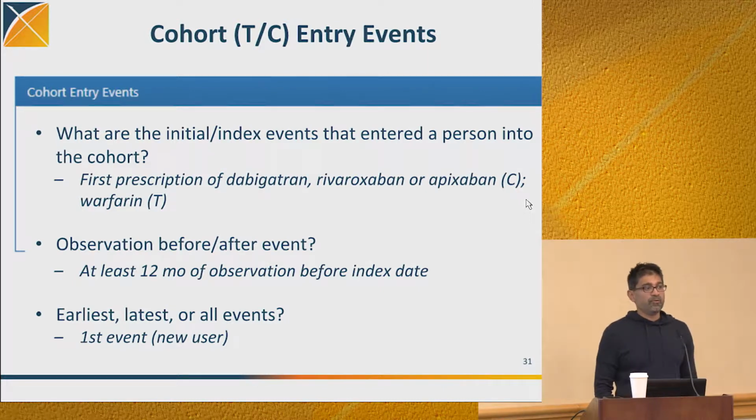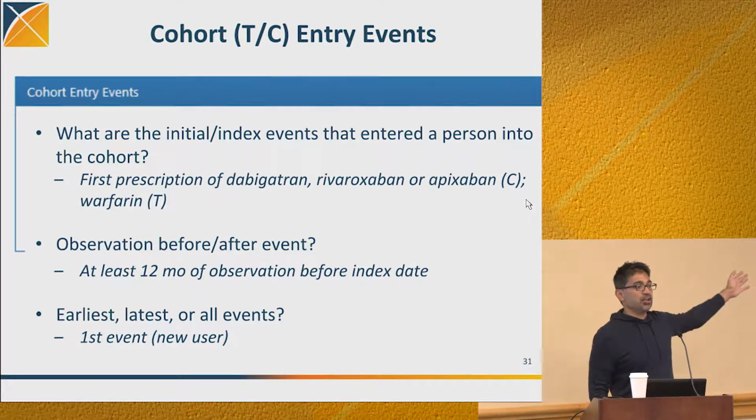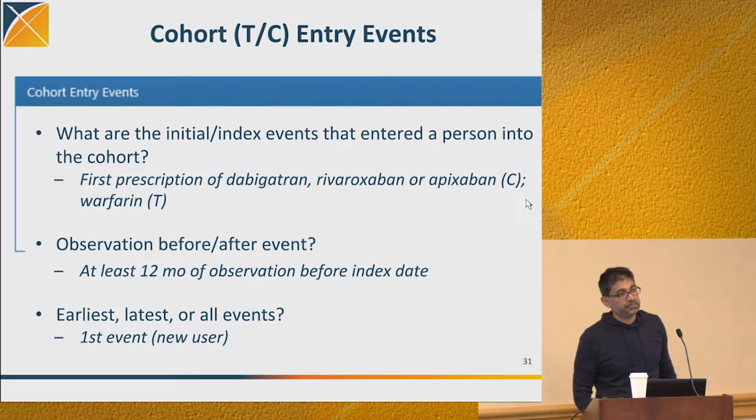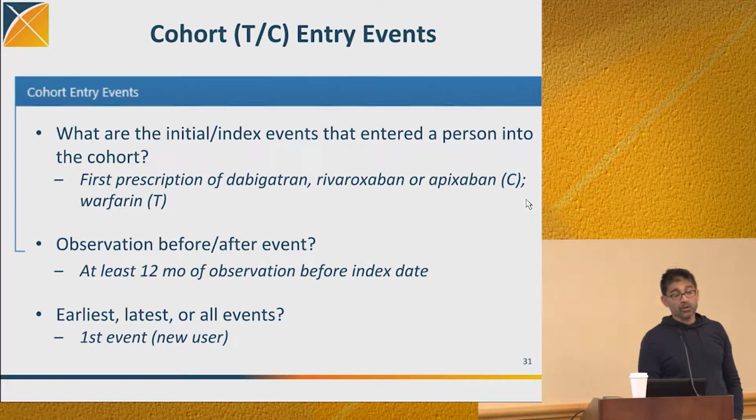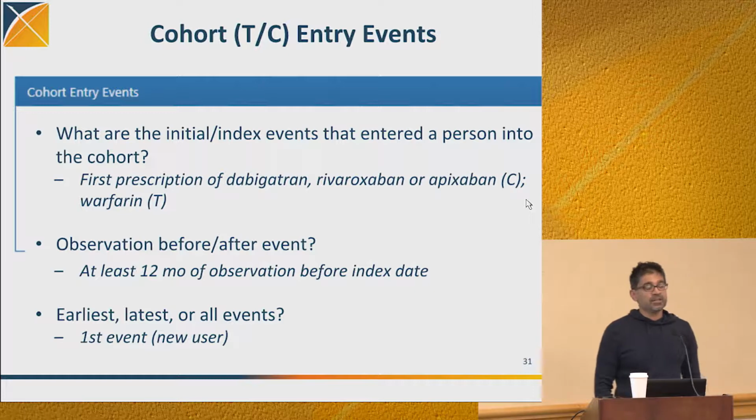The way we interpreted the paper was, in the history of the database, there is no record of the drug for the person. So it would be more than 12 months. Could be more than 12 months, yes. There has to be at least 12 months. So we could have information about the person for more than 12 months, but we should at least have information for that person for 12 months.